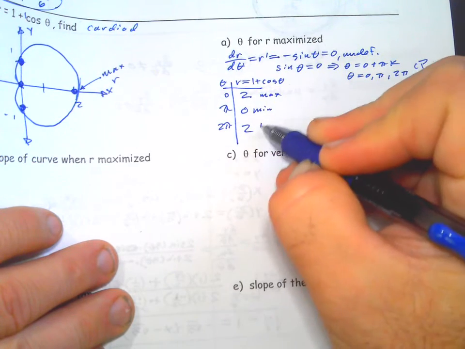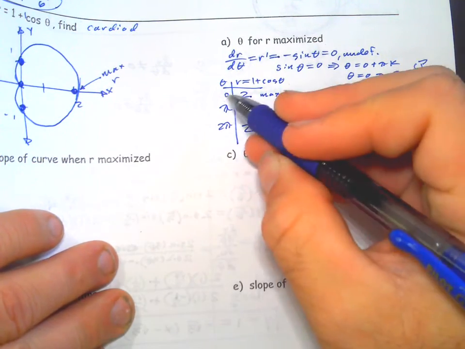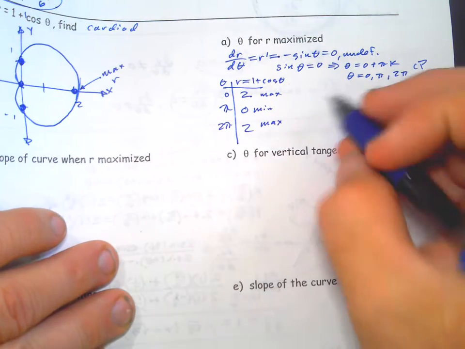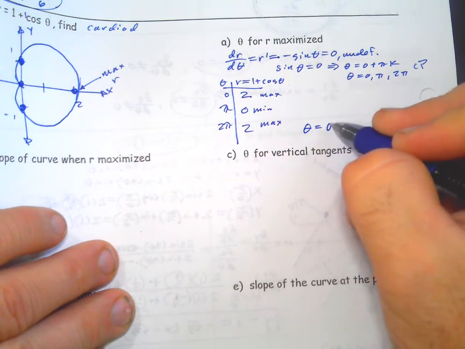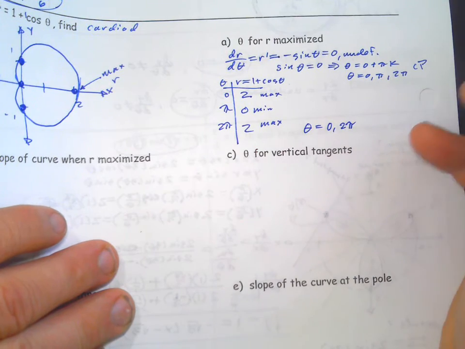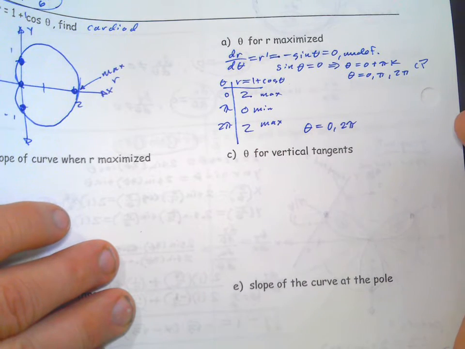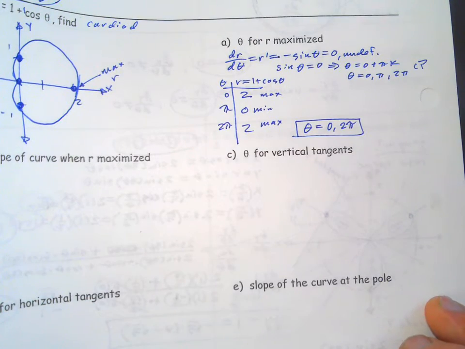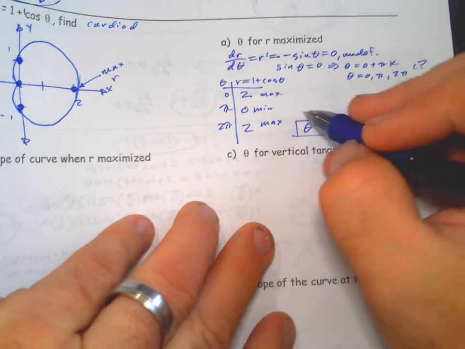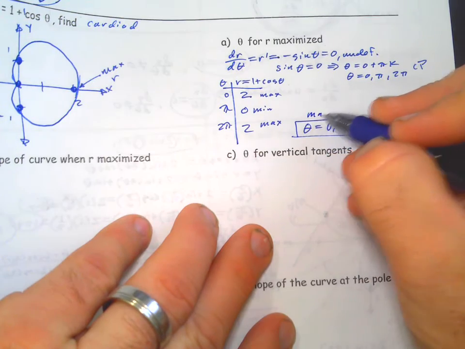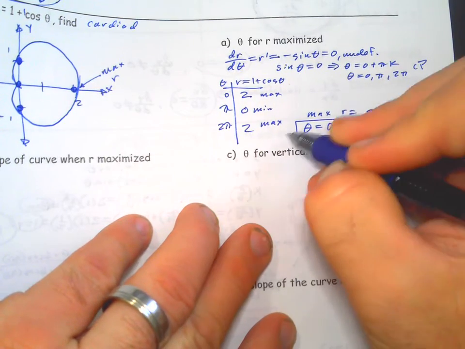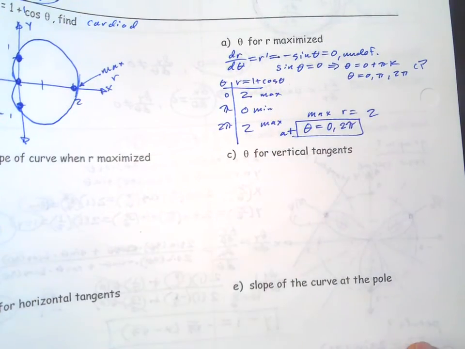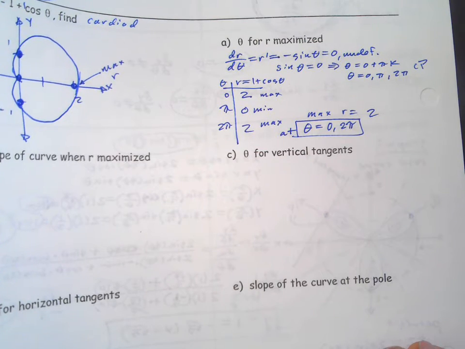So there's one max radius, but it happens at 0 and 2 pi. So I guess we could list it both ways. It's really the same point, but there are multiple angles that it happens at. So sure enough, the max radius was 2, and this is where it happened. So the picture kind of helped confirm that.